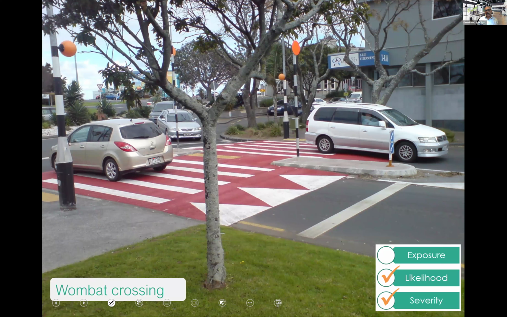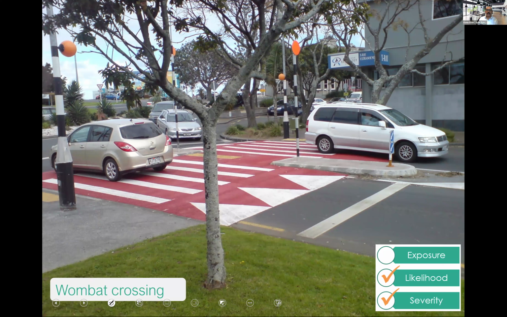Pedestrians and that vulnerability for pedestrians is something significant as well. And, you know, similar 20 to 30 kilometer per hour mark, we see it go very bad very quickly above those sorts of speeds. Now, one thing I want to say is that a pedestrian crossing, so a zebra crossing, without that raised feature to it, that's not a safety feature.